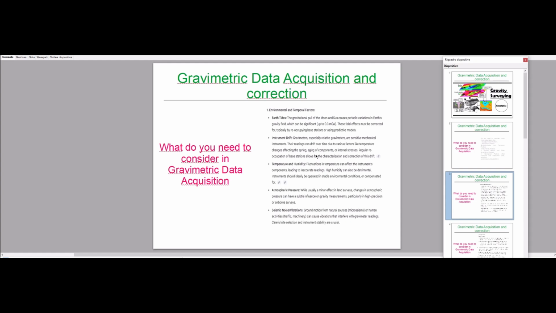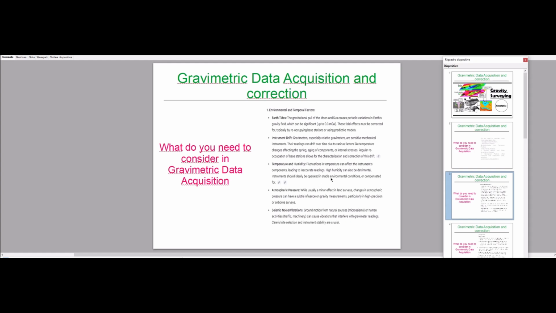Instrument drifts. Some instruments drift, like gravimeters; especially relative gravimeters are sensitive mechanical instruments, so we also have to consider the characteristics of instruments and the drift they can have. We also have external parameters like pressure, temperature, humidity and vibration. For temperature and humidity, fluctuation in temperature can affect the instrument's components, leading to inaccurate readings.